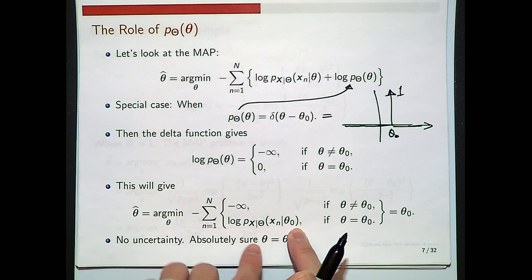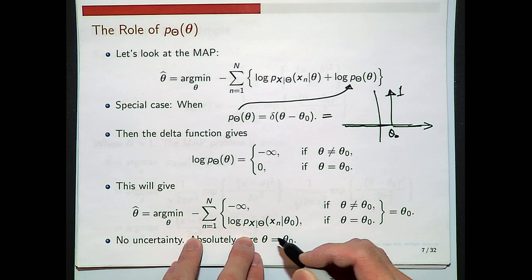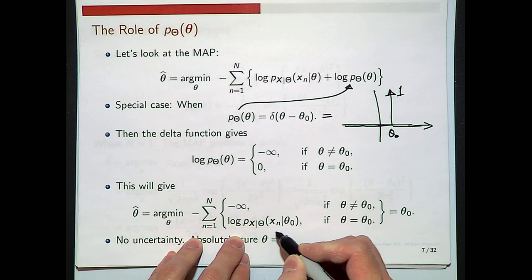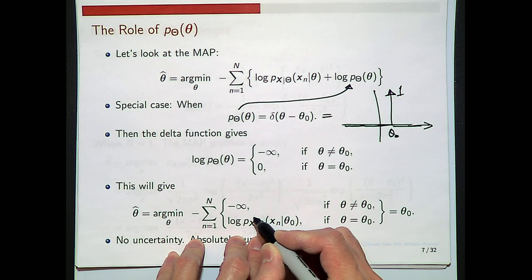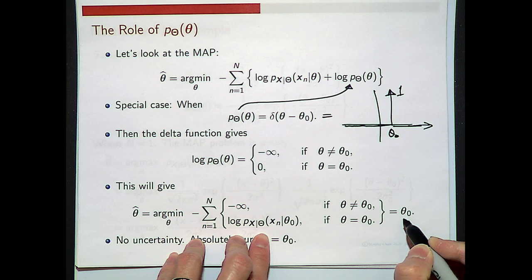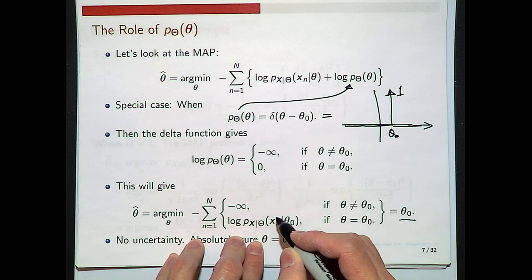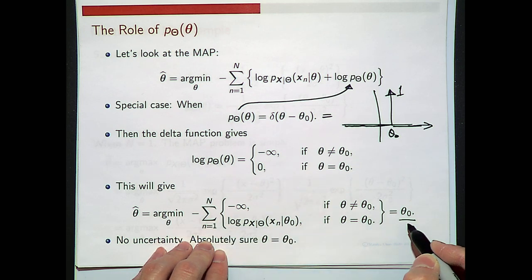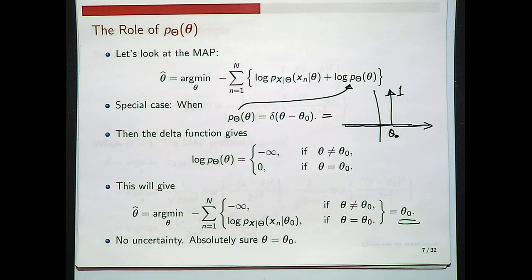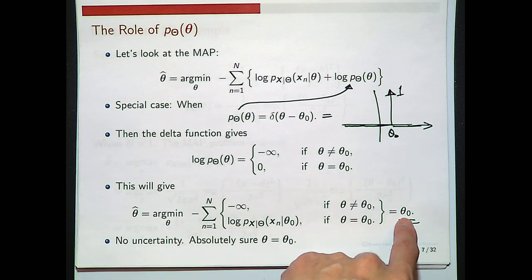But if you look at this problem, since you have already chosen theta to be exactly at theta 0, the solution has to be theta 0. So you have already said that I am absolutely certain that my solution is theta 0, and therefore I am going to choose my solution to be theta 0.